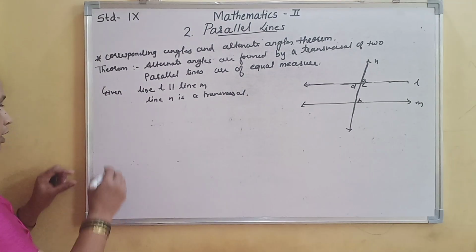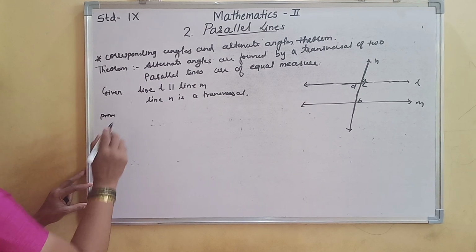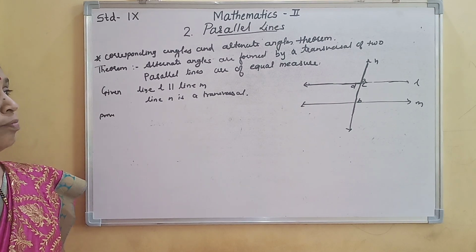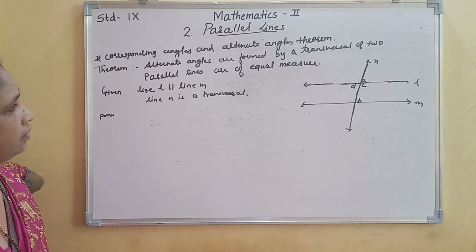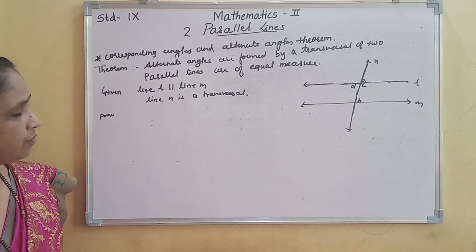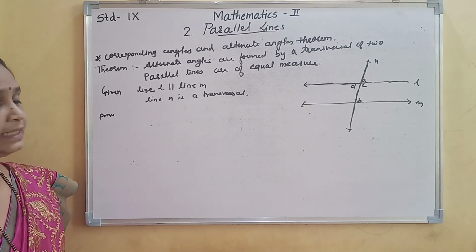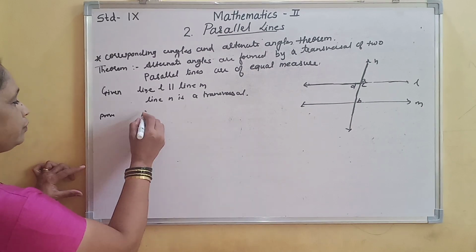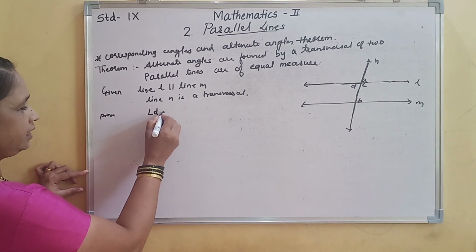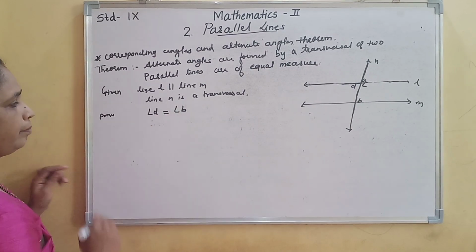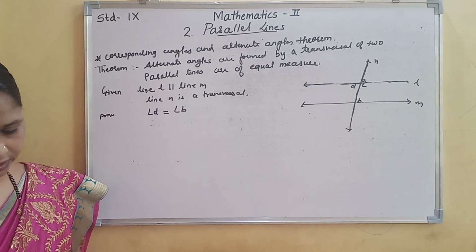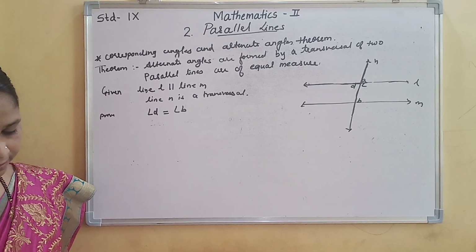Okay, now what do we have to prove? That alternate angles formed by a transversal of two parallel lines are of equal measure. Means what we have to show? Angle D is equal to angle B. We have to show this.